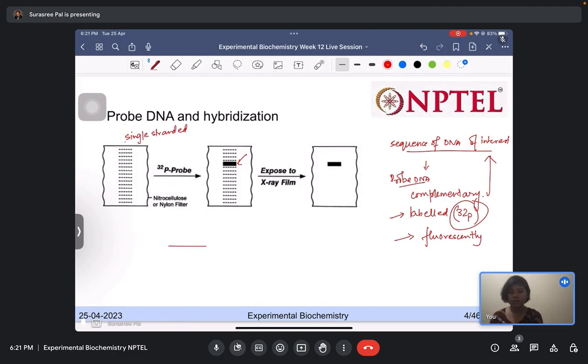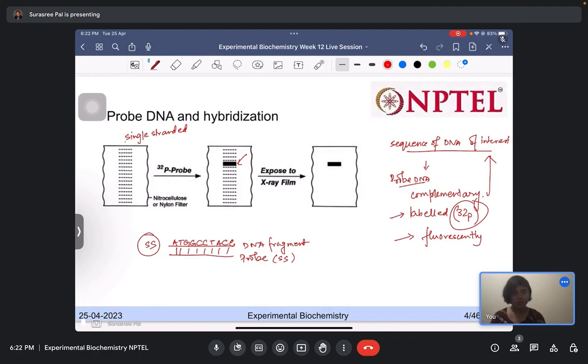So suppose this is one particular DNA fragment, and if another DNA fragment has to anneal or hybridize to it, this also has to be single stranded, and the probe also has to be single stranded, so that they can base pair with each other, right?